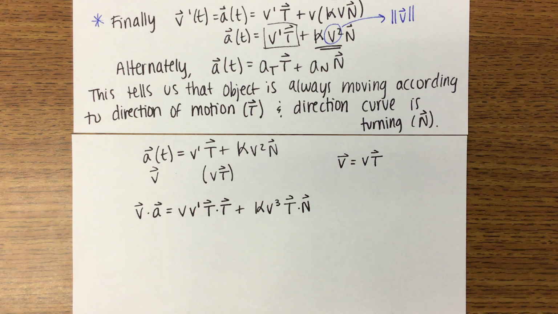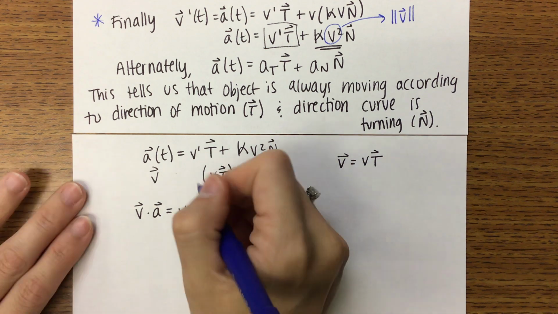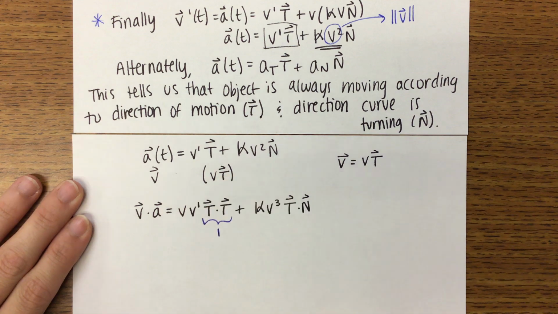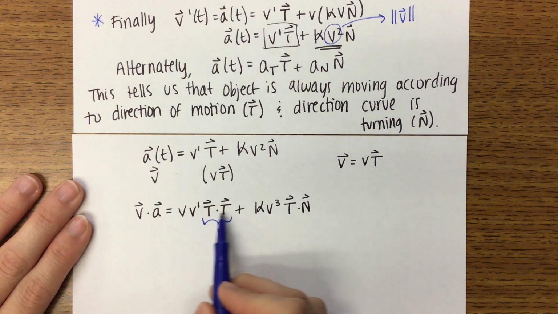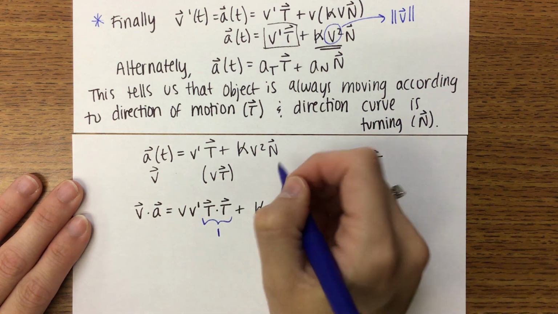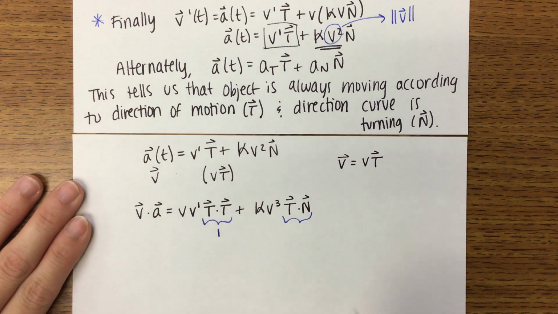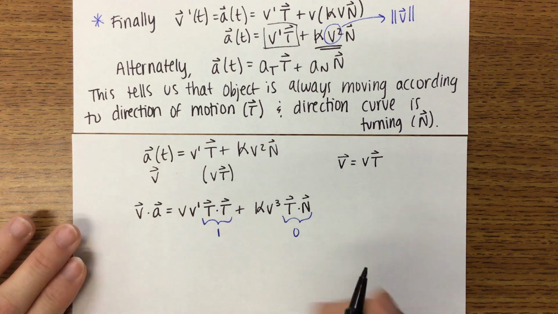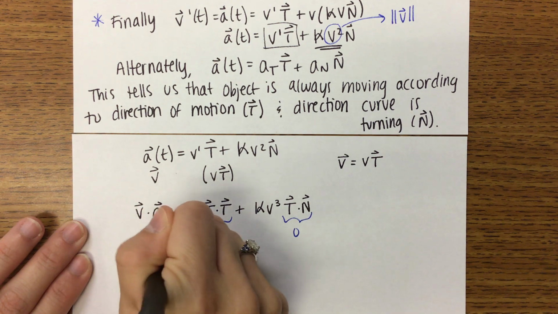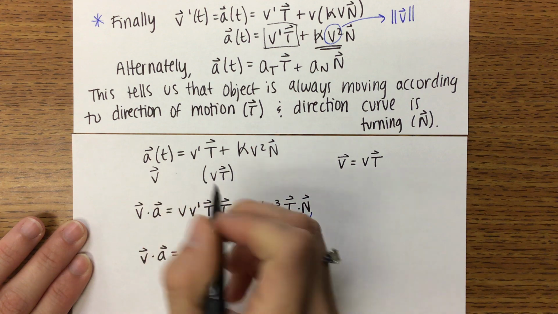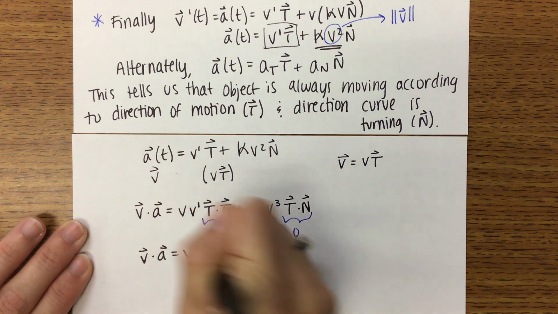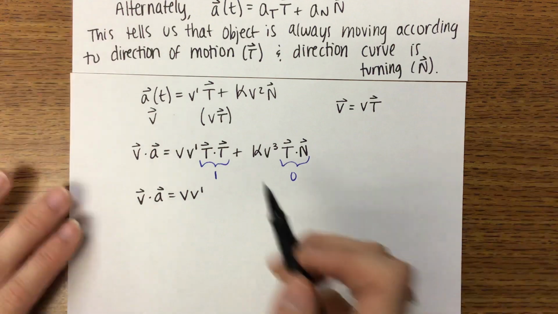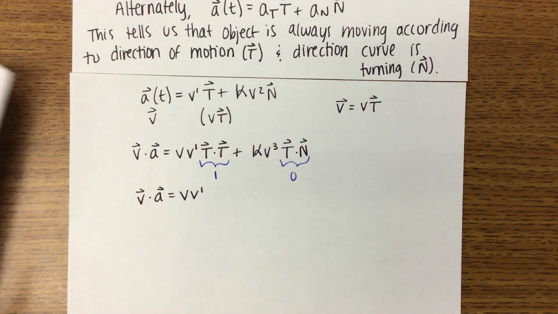Okay, was this helpful? Well, yes, it should be. The unit tangent vector dotted with itself is 1, because they're both unit vectors. The unit tangent vector dotted with the unit normal vector is 0, because they're orthogonal. So then what we get is v dot a is equal to v times v prime, remembering that v here means norm.